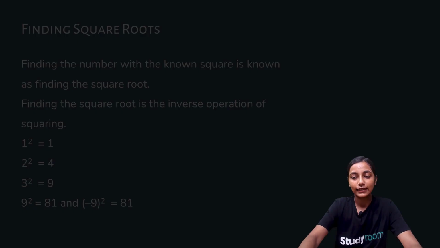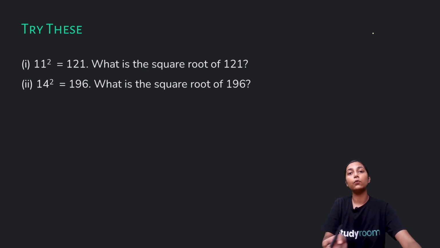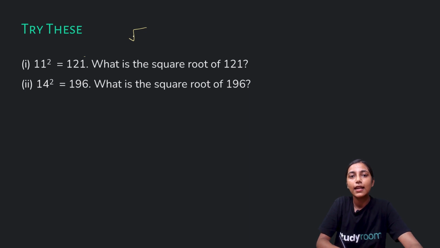What's next given to us? We have to try these. It's written that 11 square is 121. Then what is the square root of 121? From the previous slide we saw that finding the square root is the inverse of squaring. So if the square of 11 is 121, then the square root of 121 will be 11.